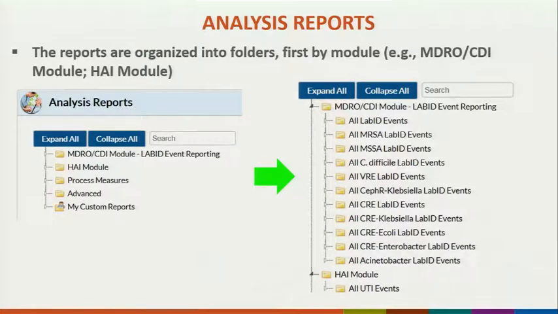First, I will discuss an overview of the reports available in the module, and we'll be looking at the MDRO module. So clicking on the module allows access to the reports available for each of the organisms. For example, clicking on MDRO opens up the subfolders for LabID events, MRSA, CDI, VRE, etc.